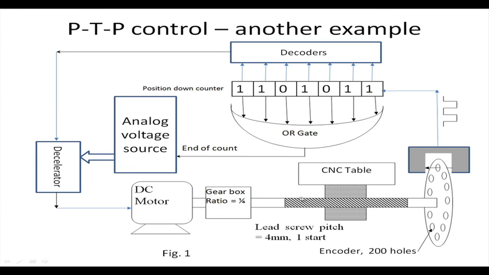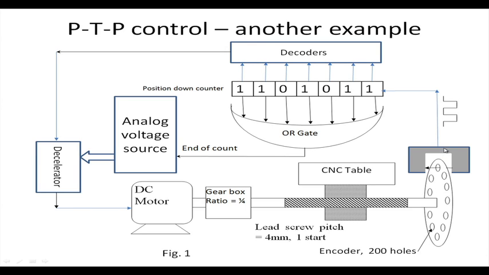We have to have some sort of feedback device in order to find out the extent of motion the DC motor executes. So, this is a feedback device called an encoder. Whenever we are not sure of the prime mover's ability to stop at a definite location, we employ such feedback devices. So, in this point to point device, it is having a closed loop.